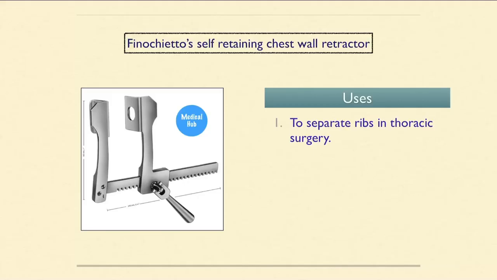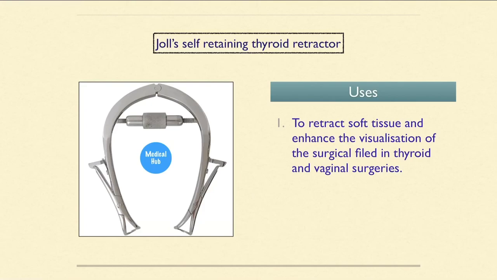It is used to separate ribs in thoracic surgery. Next is Jolls self-retaining thyroid retractor. It is used to retract soft tissue and enhance visualization of the surgical field in thyroid and vaginal surgeries.